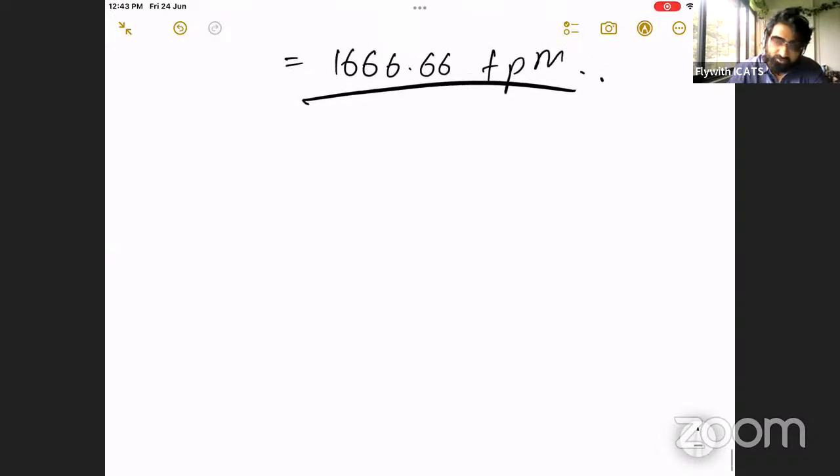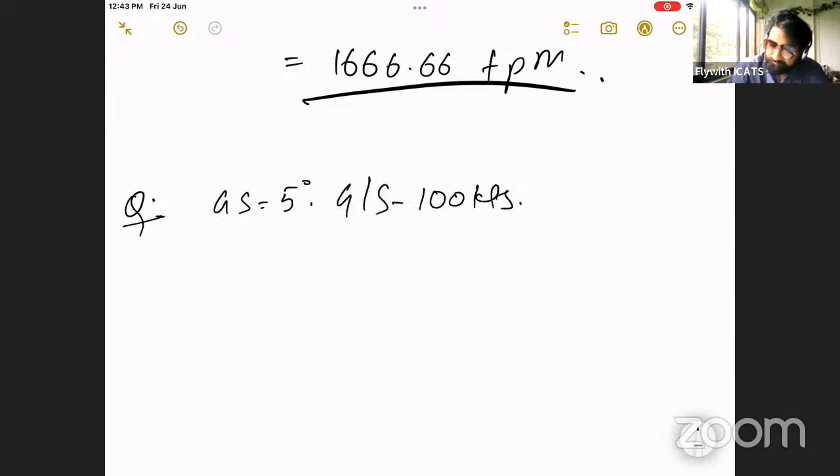Now quickly solve this question. Glide slope is 5 degrees. Ground speed is 100 knots. Find ROD. Use any method, I don't mind.